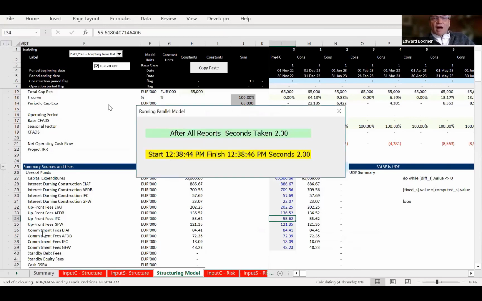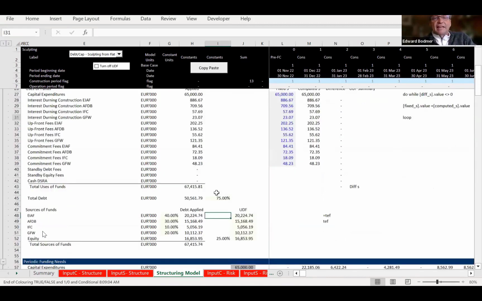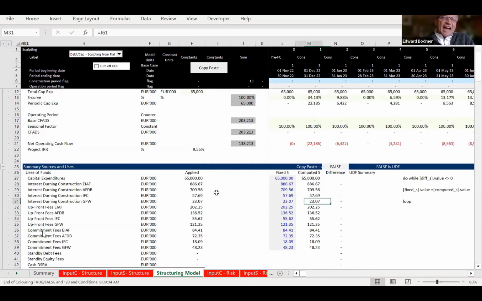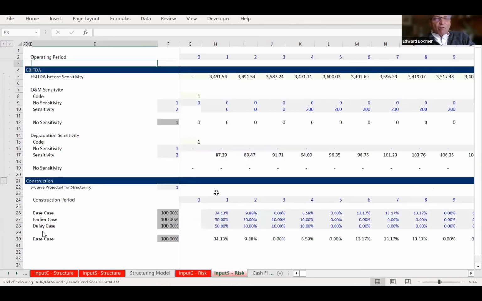And then we run it with our UDF, and now our UDF computes the amount of the debt, and we get exactly the same numbers. I don't know if I really showed it to you, but you can run it either with this UDF or without it.